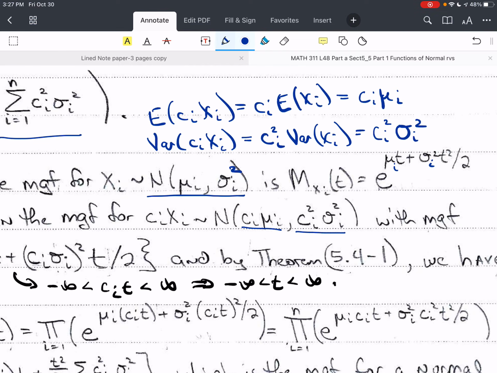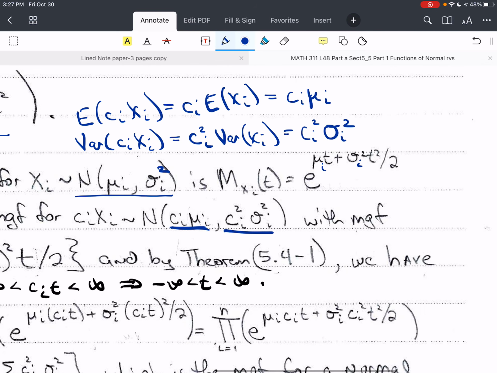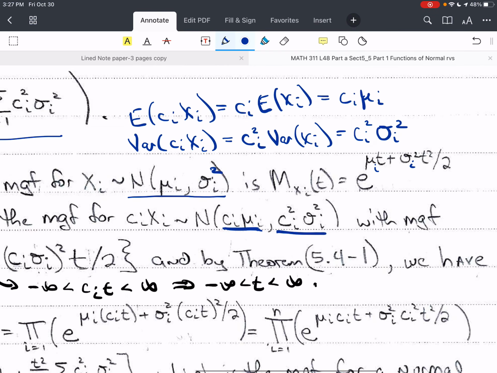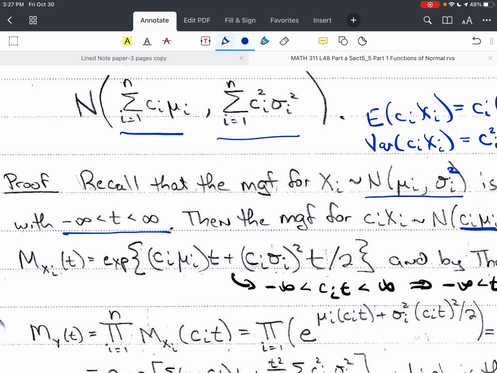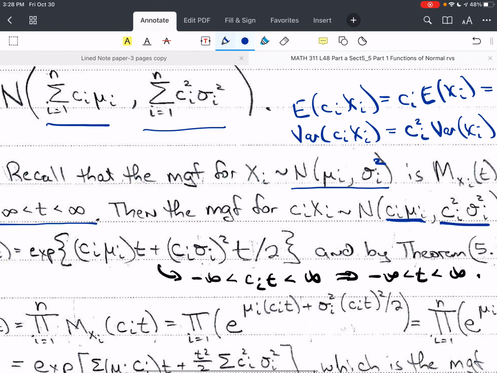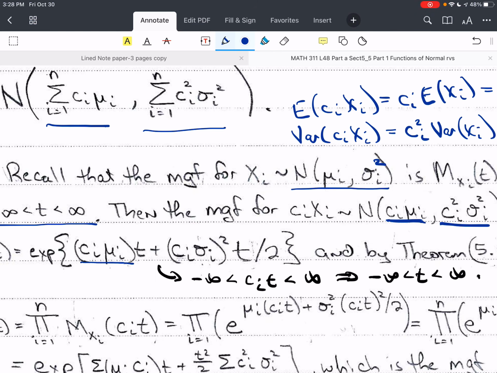And so that's how we know that this has a normal distribution with mean ci mu i and variance ci squared sigma i squared. And the MGF for this will be M of x sub i of t. Instead of writing e and putting all this in the exponent, I wanted to make it easier to read, so I used exp, and then we have ci mu i in place of mu times t.